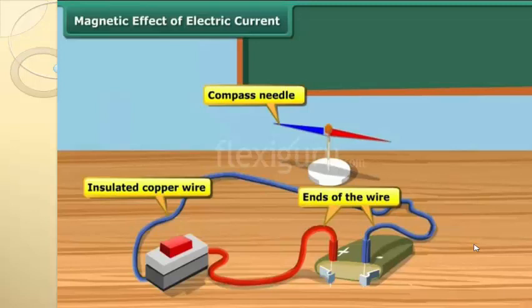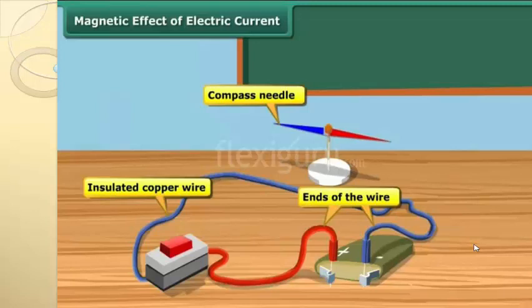If the direction of current in the wire is reversed, the north pole of the magnetic needle gets deflected in the opposite direction. Since the magnetic needle can be deflected only by another magnetic field, therefore the current in the wire must be producing a magnetic field.